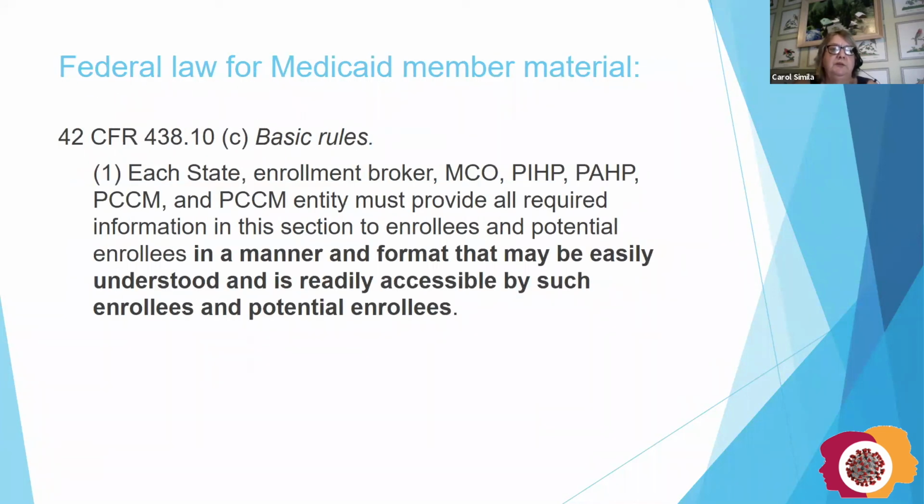Here's the federal law for Medicaid member materials, 42 CFR 438.10C. This is where I live and breathe. Each state, enrollment broker, etc., entity must provide all required information in this section to enrollees and potential enrollees in a manner and format that may be easily understood and is easily accessible by such enrollees and potential enrollees.